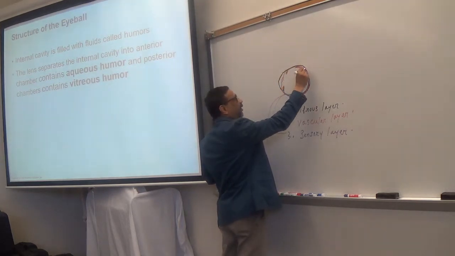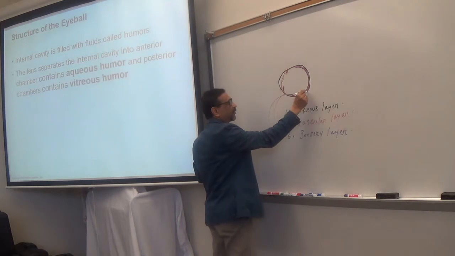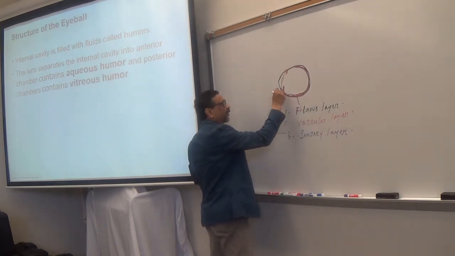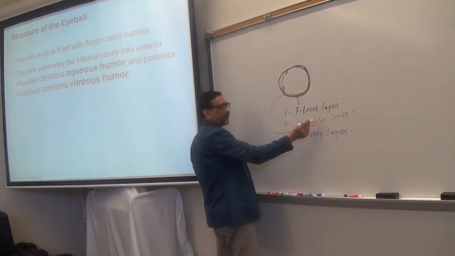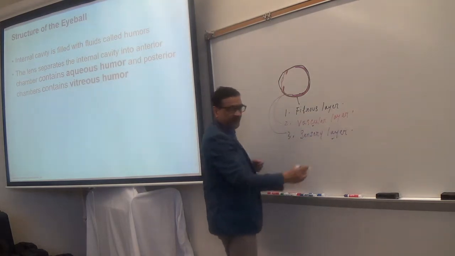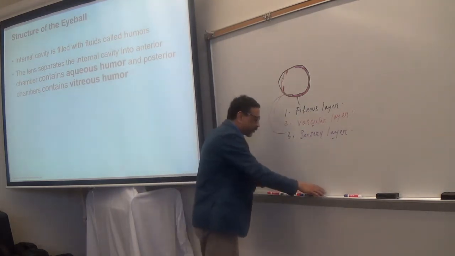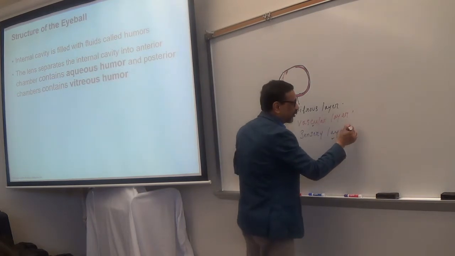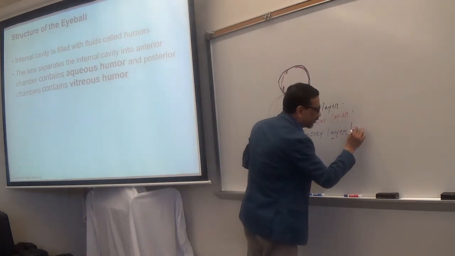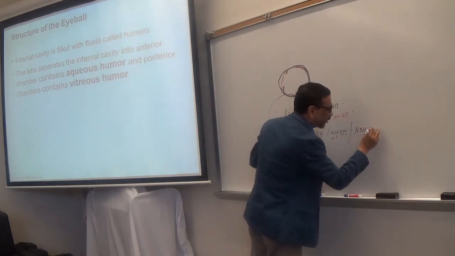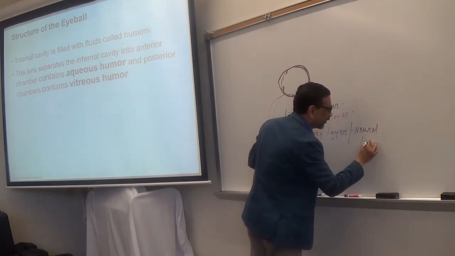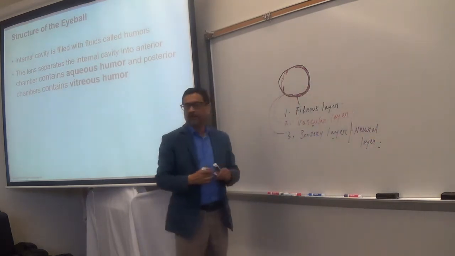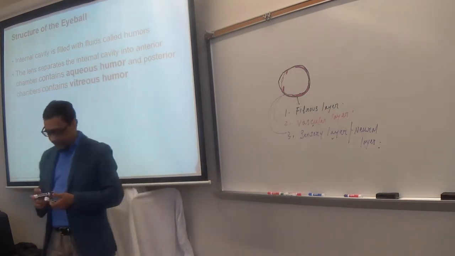Outermost is the fibrous layer. And then middle layer is the vascular layer. Innermost is sensory layer. This is also called neural layer. Sensory or neural layer. Okay, so those are 3 layers.